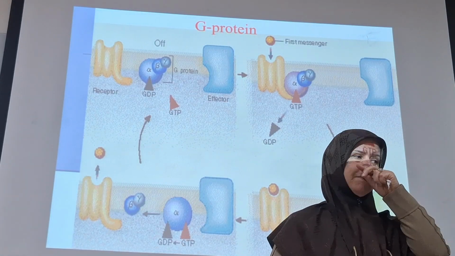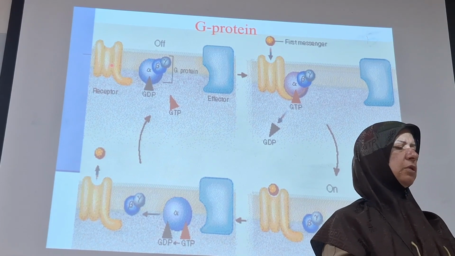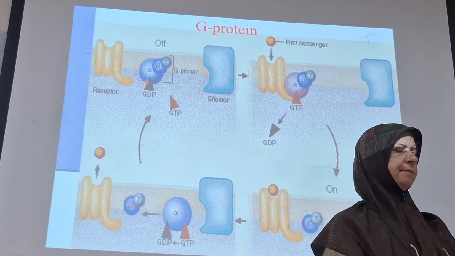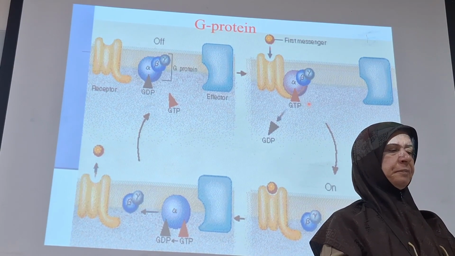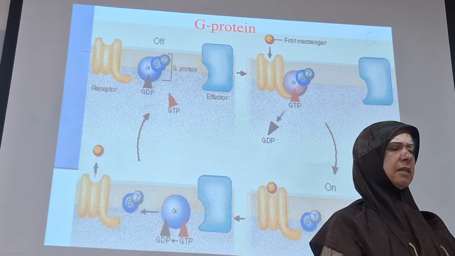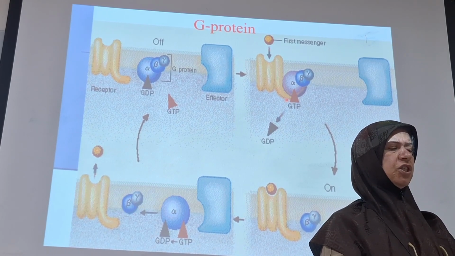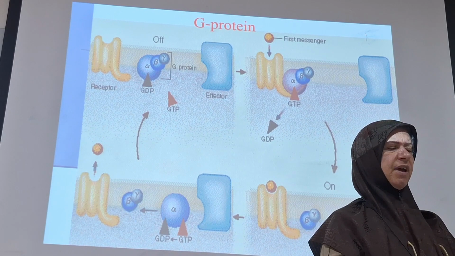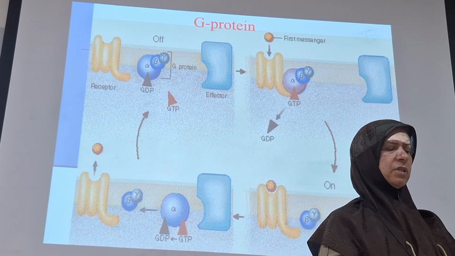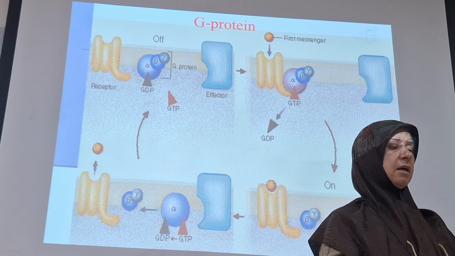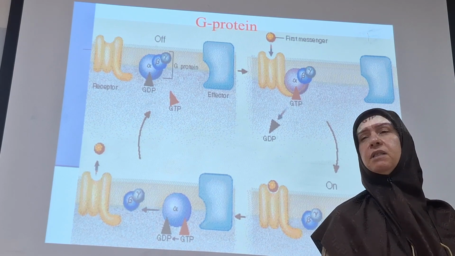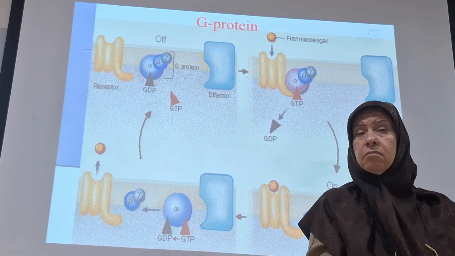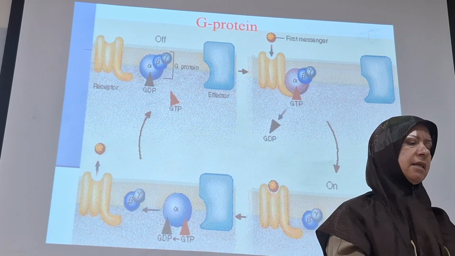Here you see the receptor, the trimeric G protein, alpha bound to GDP. When the hormone binds to its receptor, the G protein binds to the inside of the receptor, GDP dissociates, GTP binds, and alpha-GTP activates some effectors and initiates a signaling pathway. But alpha is a GTPase. What does that mean?